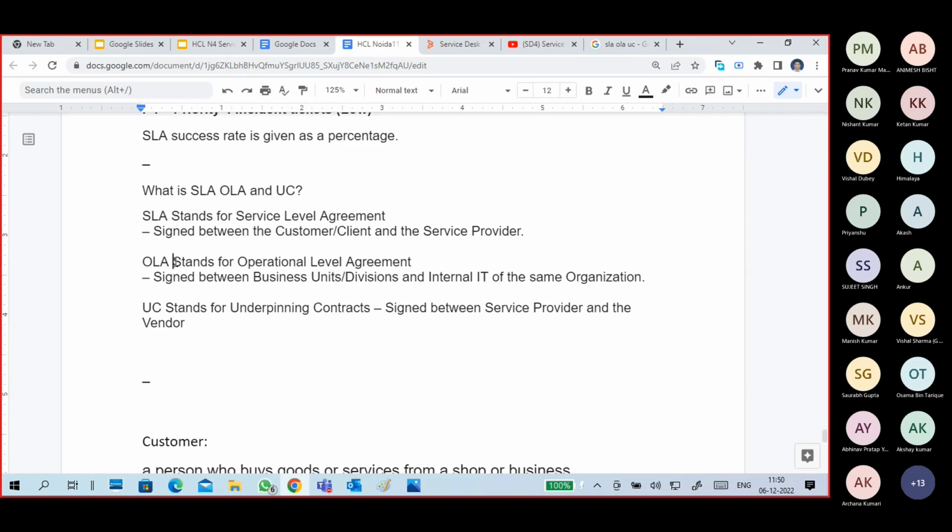Okay. Next one is OLA, operational level agreement. What is operational level agreement? It is signed between a business unit or division and the internal IT organization of the same organization. For example, I am the application developer. My entire team does application development.